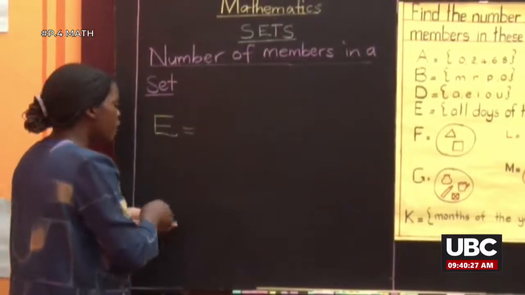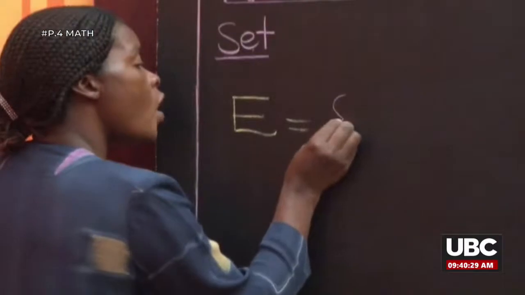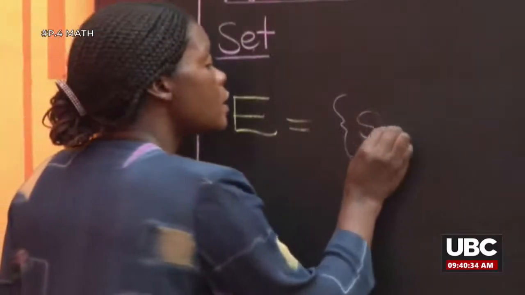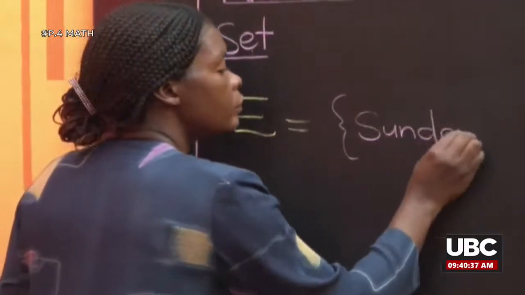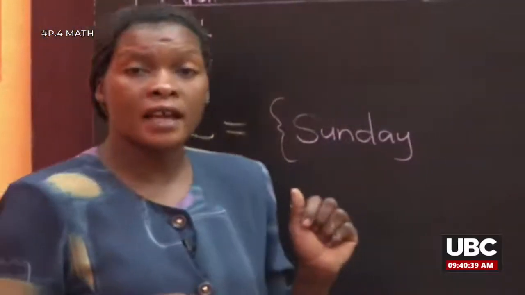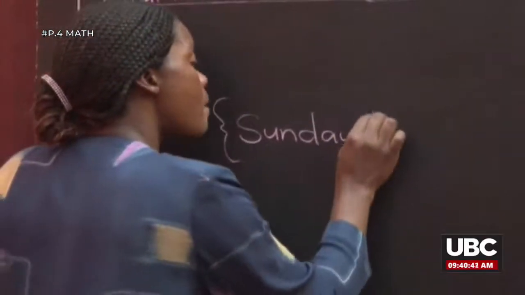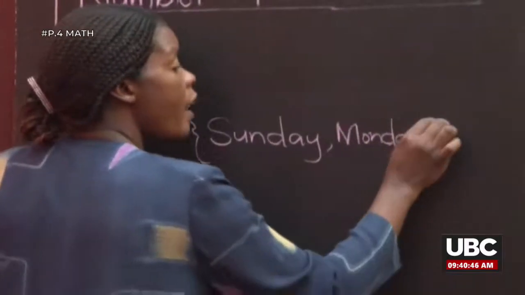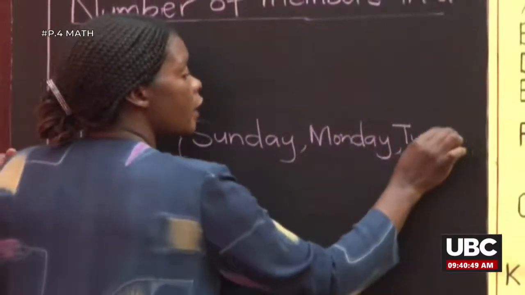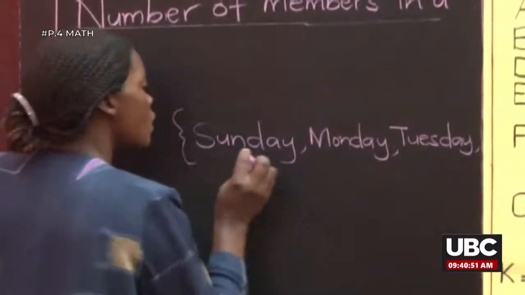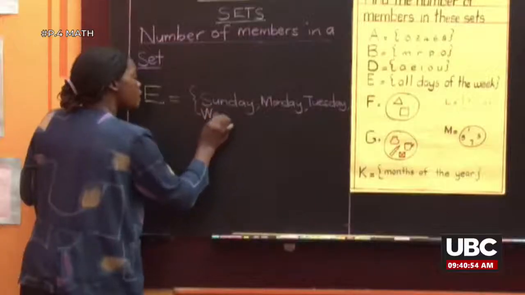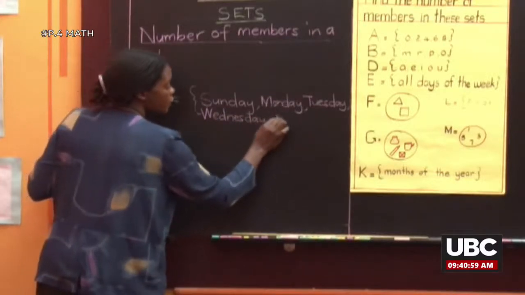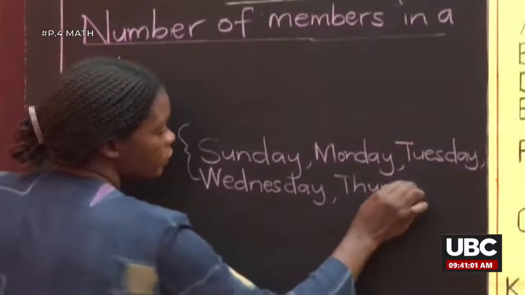If we list down all the members in this set, because of the word all, we shall have set E, open the bracket: Sunday. After Sunday, we have Monday, Tuesday, Wednesday, Thursday.